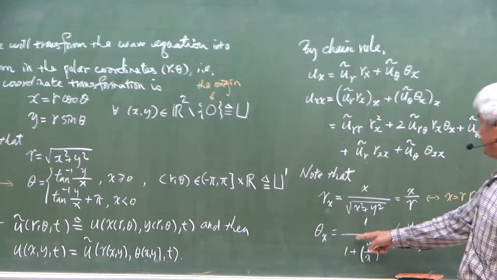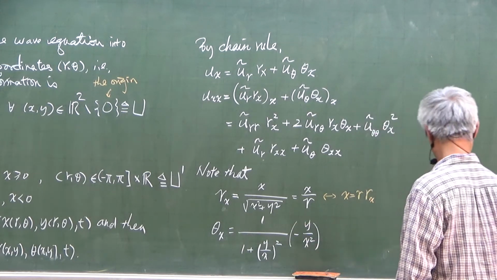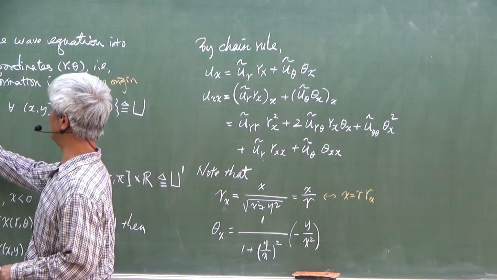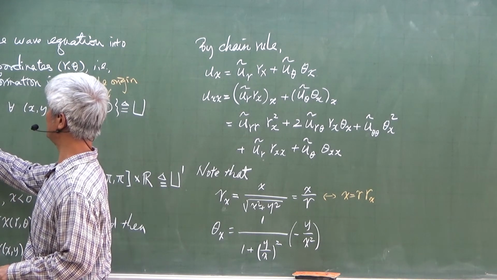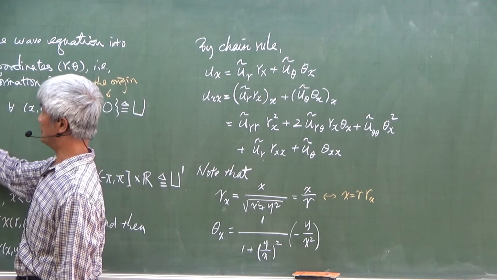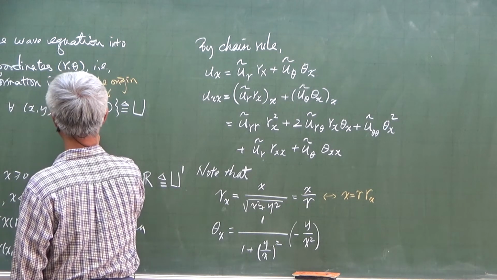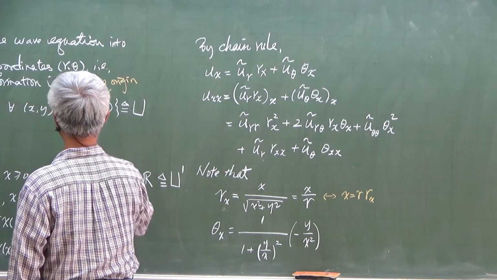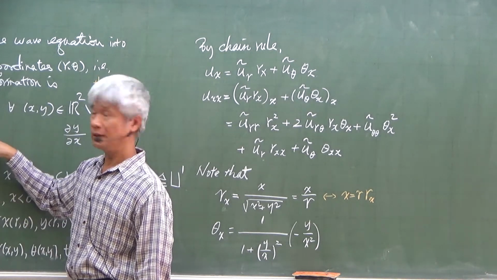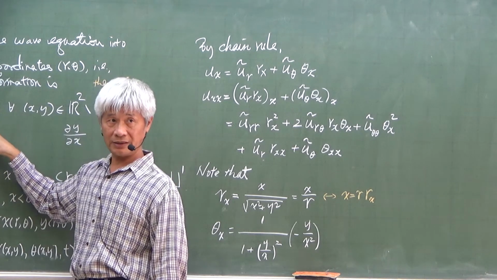If you forget the derivative of arctangent, you can do it from here. Because y and x are independent variables, and y is r sine theta, where r is a function of x and y, and theta is also a function of x and y.